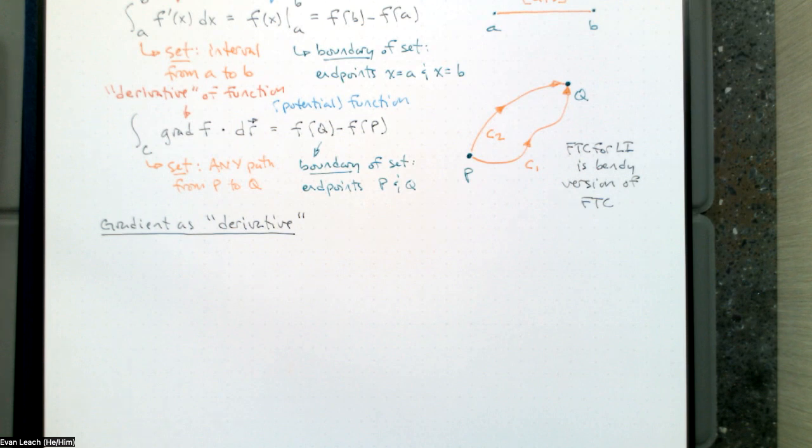Because it's not useful as an answer to say how much are things changing. Well, it depends on what direction you're going. So the gradient is telling us what direction is the maximum change, and then we dot product to find the change in any direction that we happen to be interested in.